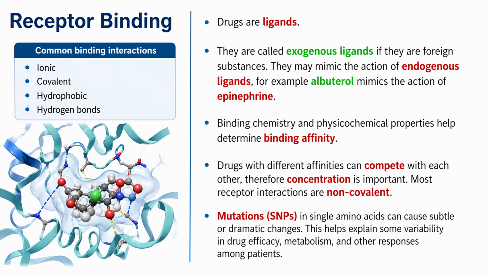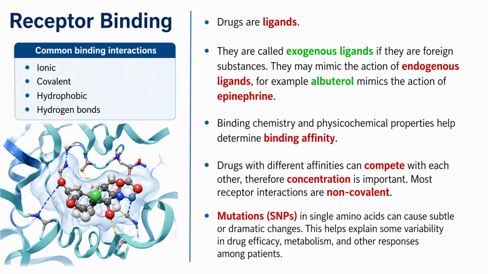keep regulating itself. So the strength of the interaction depends on the kinds of bonds that are involved. And it also depends on the potency of the drug, which reflects how much drug is needed to produce that effect. So when we are talking about receptor binding, what we're really talking about is the strength of binding, the reversibility, and also the effectiveness of that interaction.